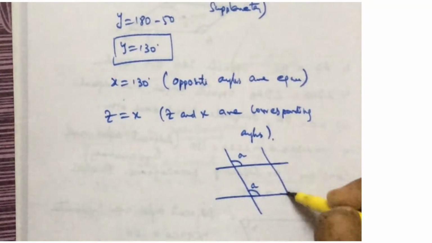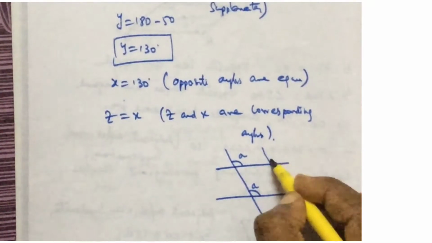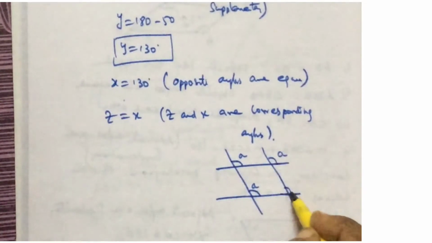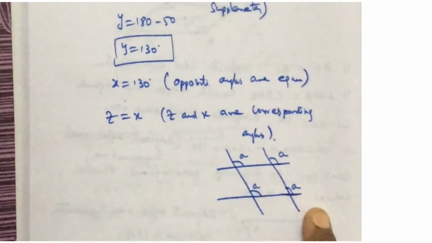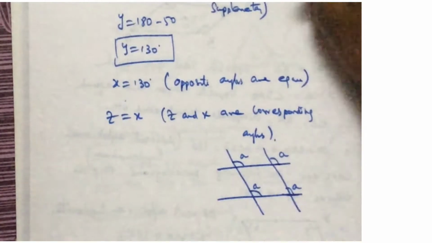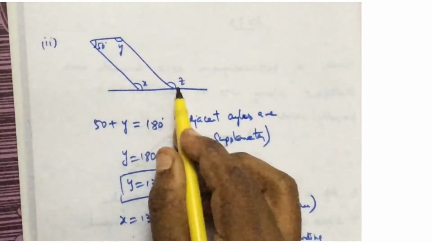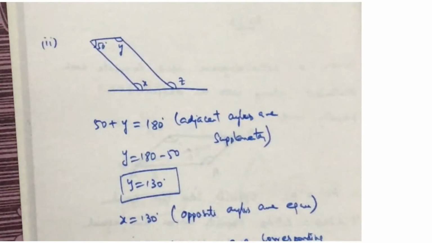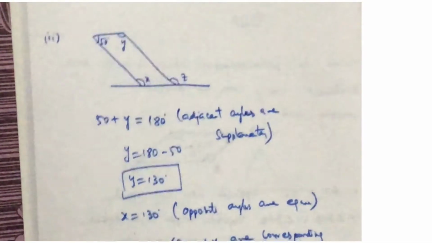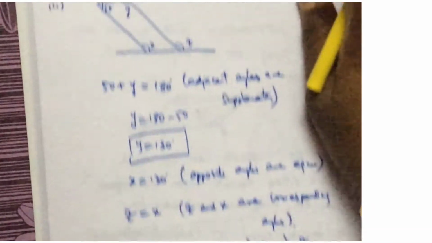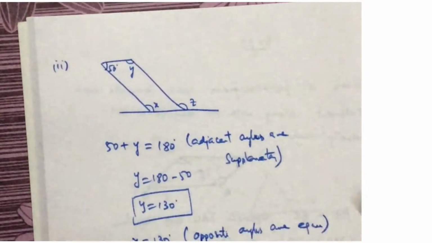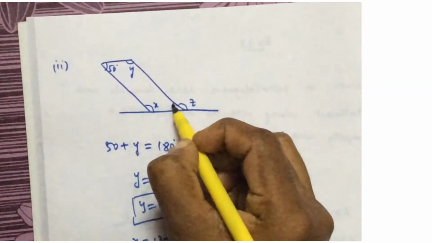Similarly, if I draw another line, this is also angle A. These angles can be called corresponding angles. Similarly, if you see here, angle X and angle Z are corresponding angles. If you are not sure, there is another way of solving this. I will say another way. Let me take this angle.